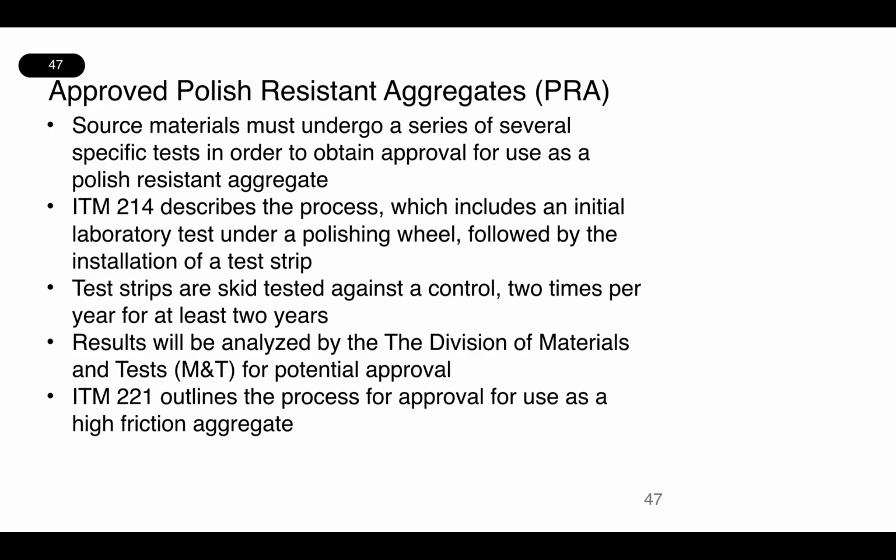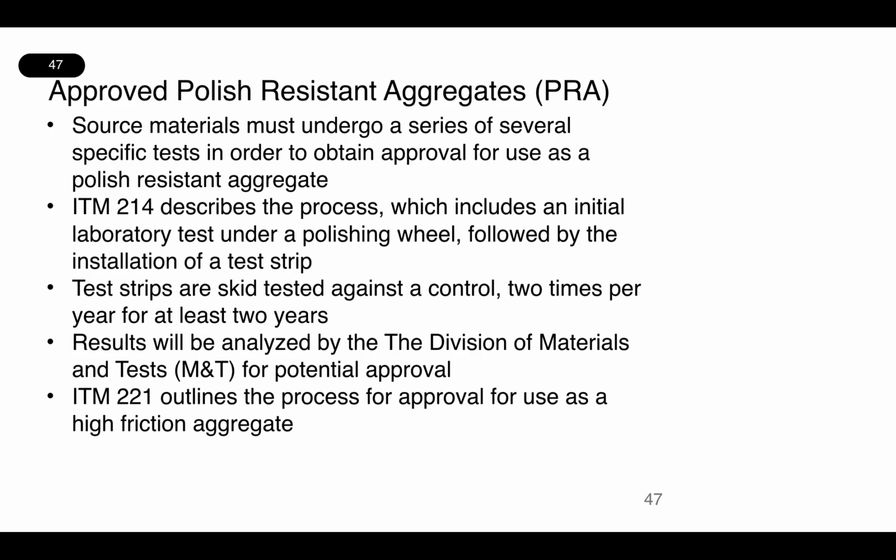Again, in order to become a polish-resistant aggregate, sources must undergo a series of specific tests. The ITM that describes the process is ITM 214, and it includes an initial test on a polishing wheel, and then from there, the source would get permission to test the material on an actual test strip on the road.